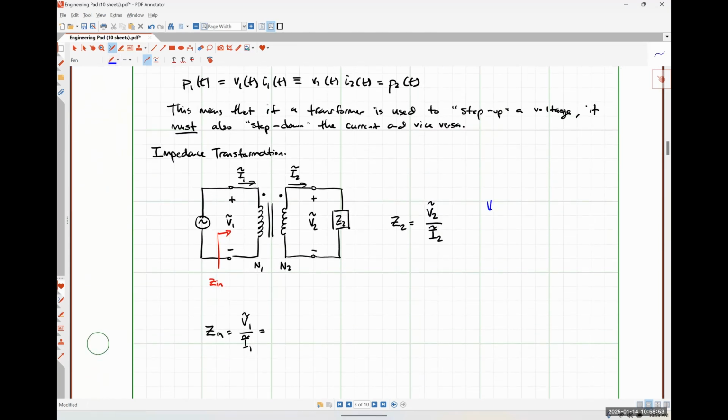So V2 over V1 is equal to A. We could alternatively express that as V2 is equal to A times V1, or V1 is equal to V2 over A. Do we agree with the algebraic manipulation of those simple relationships? Let's start there. Cool.